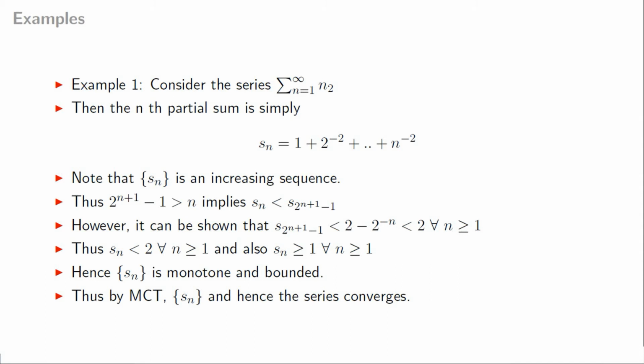Therefore, we find that Sn is monotonically increasing and at the same time it is bounded. Therefore, by the monotone convergence theorem of sequences, we can say that Sn is convergent, and hence the corresponding series, that is, the series summation n from 1 to infinity of 1 by n square, converges.